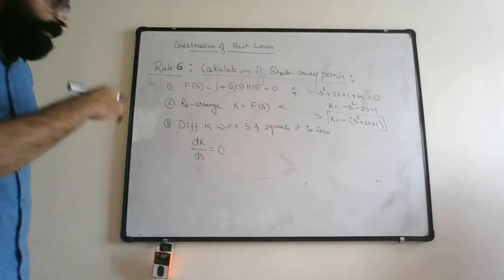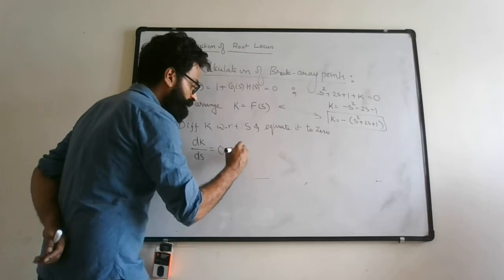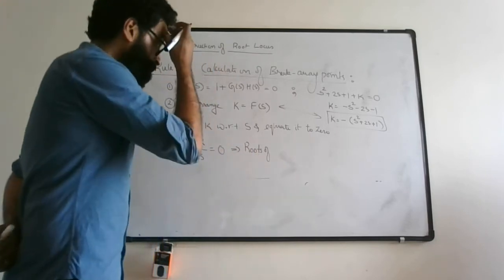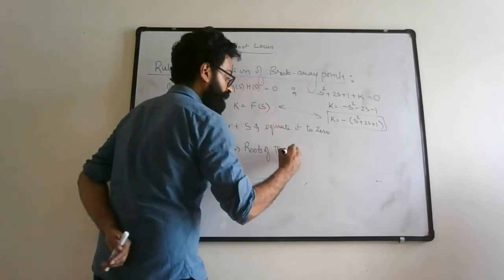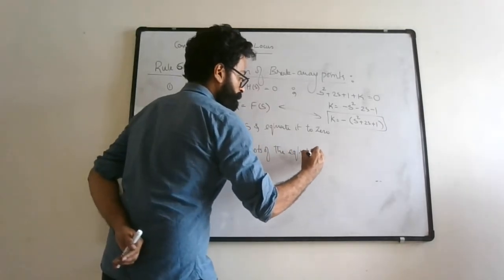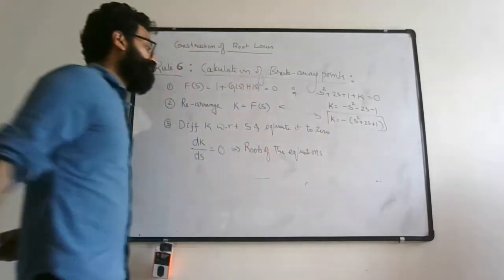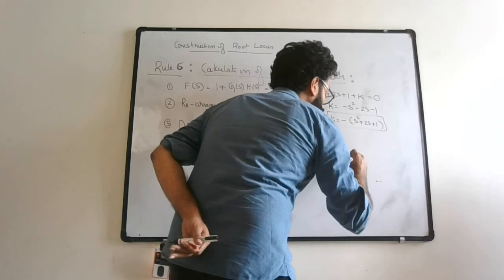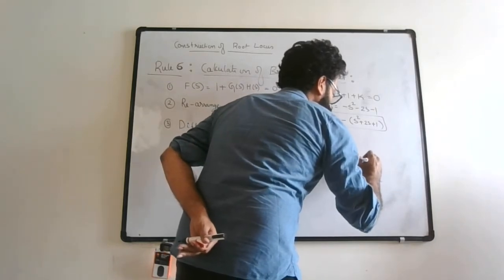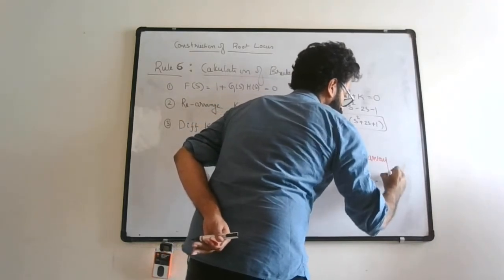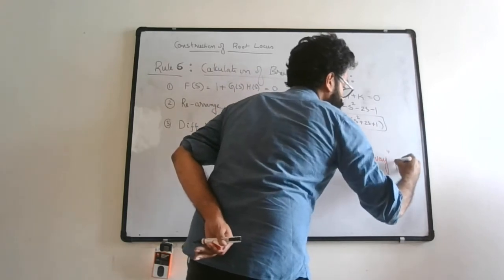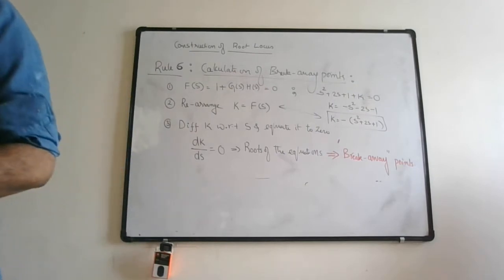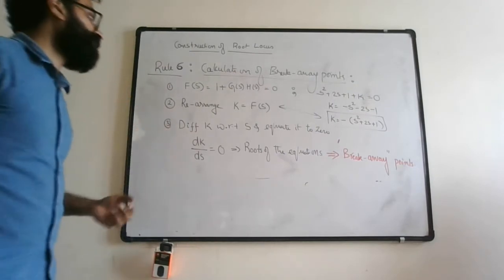When you equate it to 0, you get the roots of the equation. So these roots are nothing but the breakaway points. This is how we calculate or find the breakaway point.